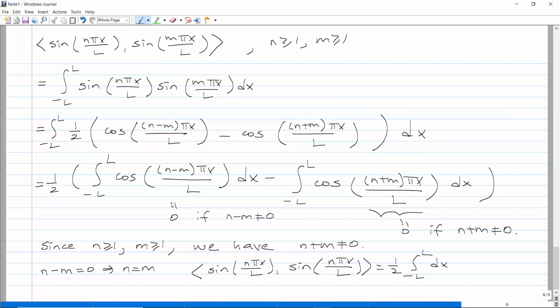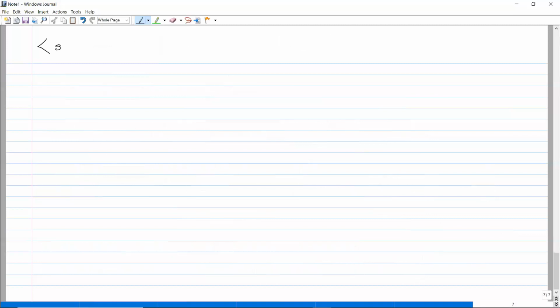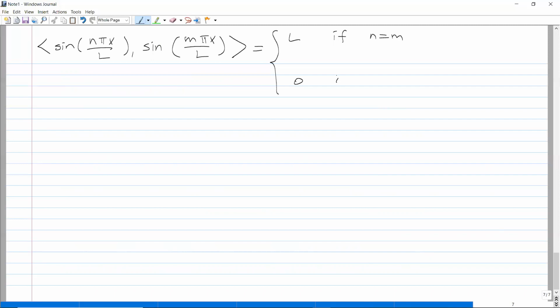And this integral is 2L divided by 2. The value is going to be L. So this inner product is going to be L if n is equal to m, and 0 if n is different from m. And remember, n and m are greater than or equal to 1.